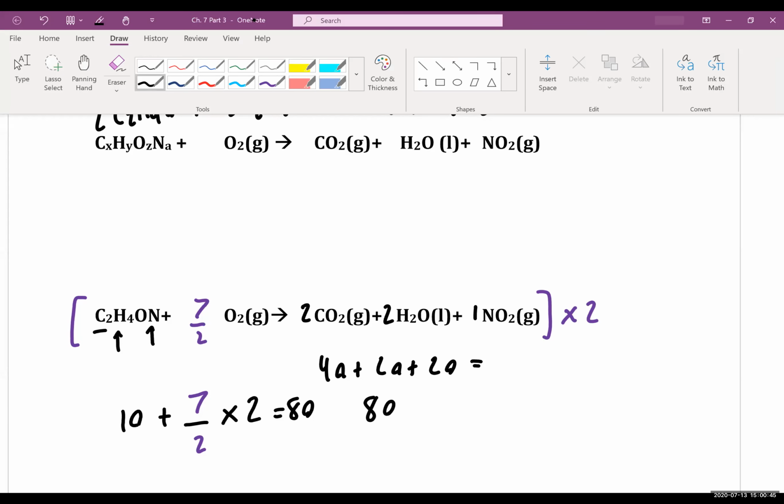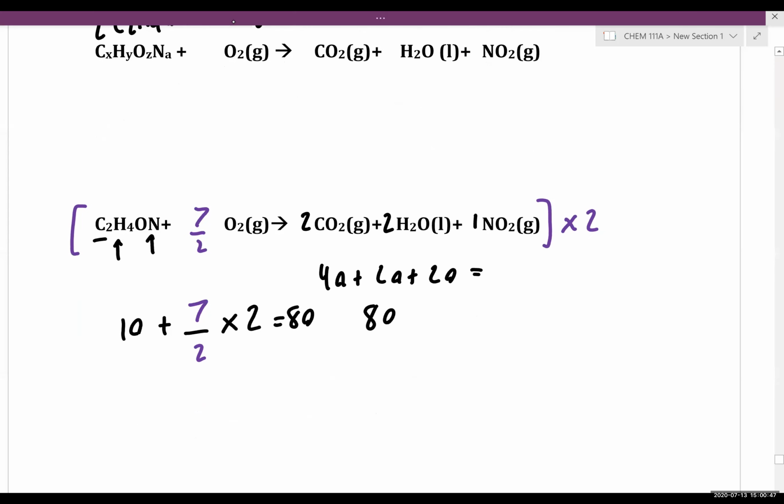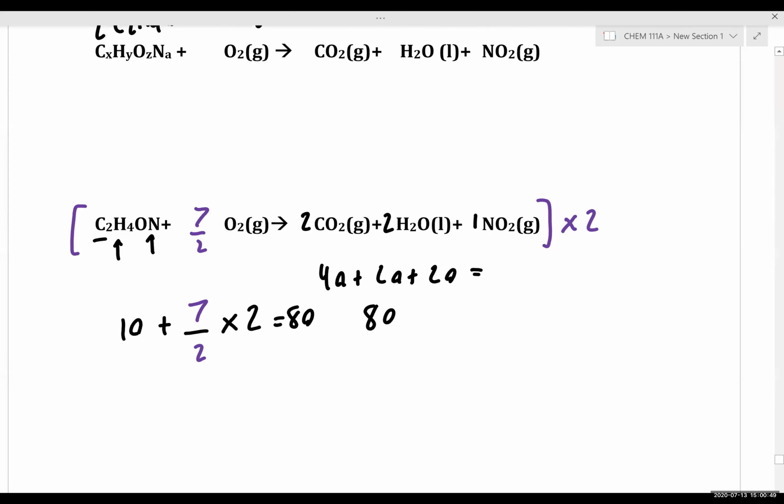Again, when you're dealing with combustion reactions, you will really want to use half notation. It will save you so much time and so much hassle.